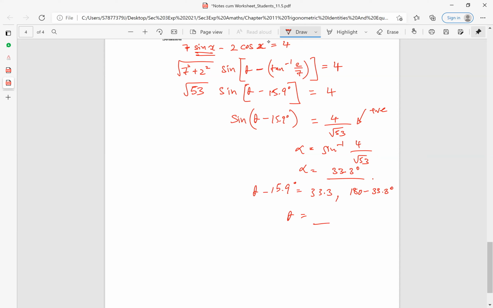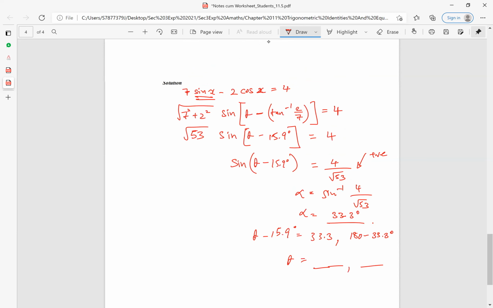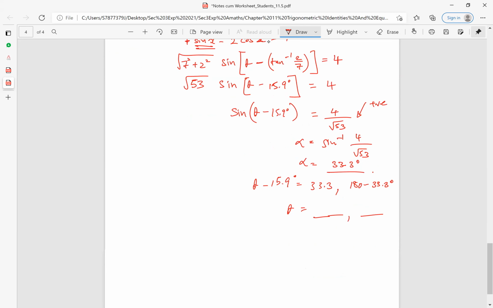Can someone help me calculate? It's 49.2, and 162.6. Hope you get this as your answer.